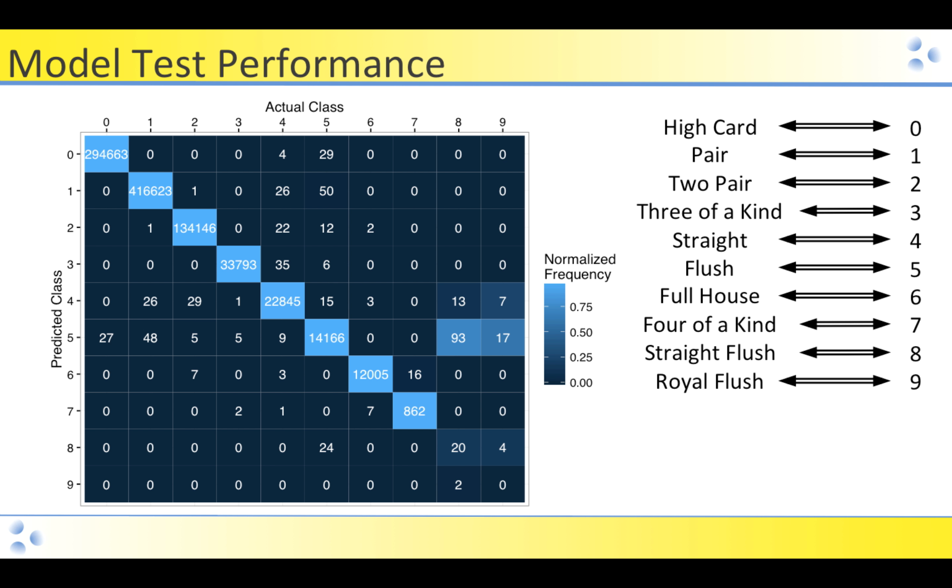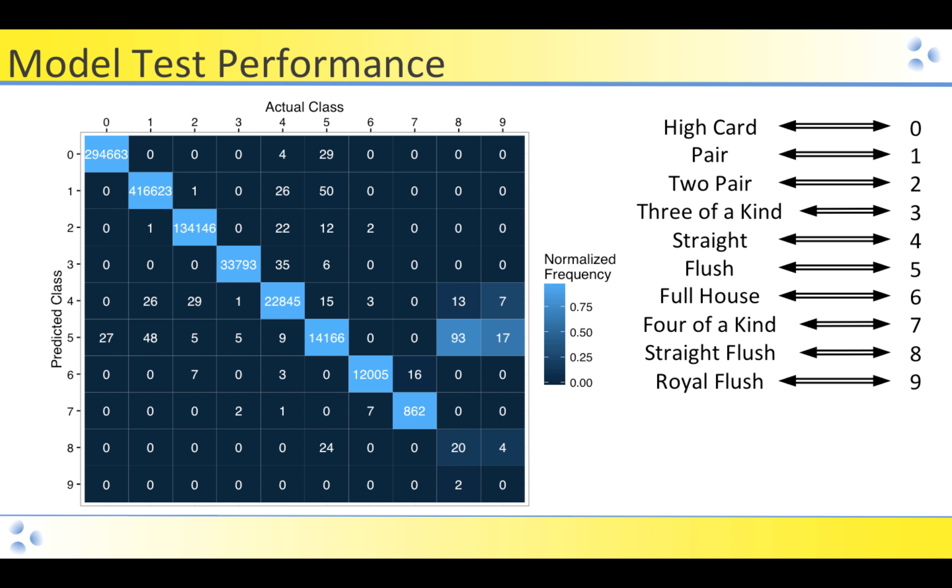I have about a 99.9% accuracy, and you can see that most of the predicted and actual classes line up with each other, except for the 8 and 9 for the hand ranks, that being a straight flush and a royal flush, and they're mostly confused with straights and flushes.